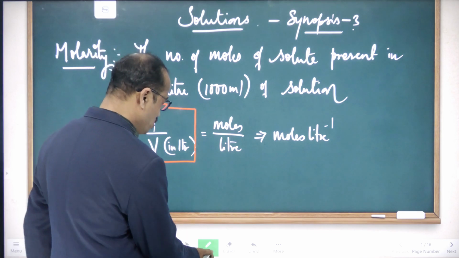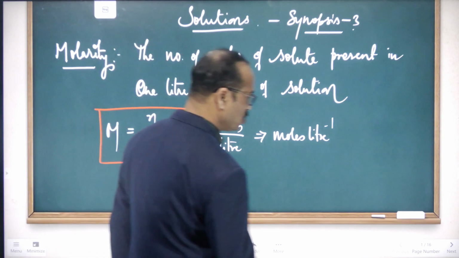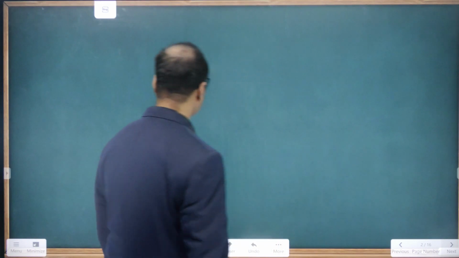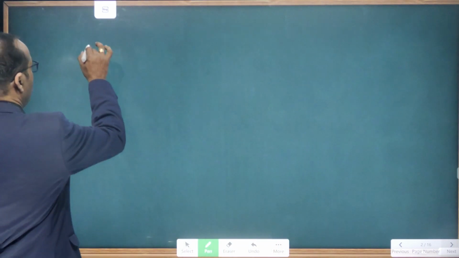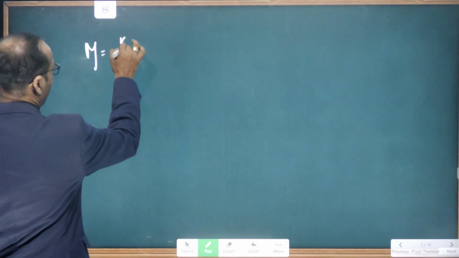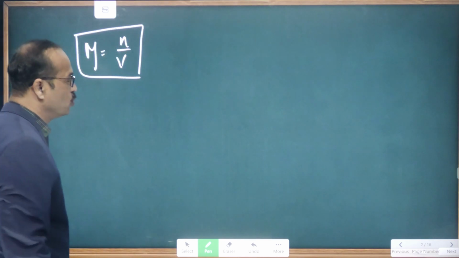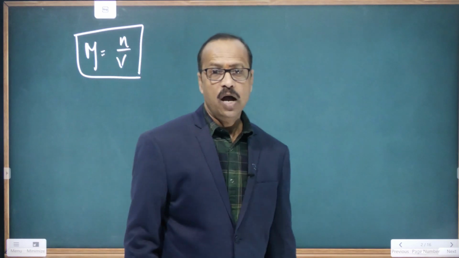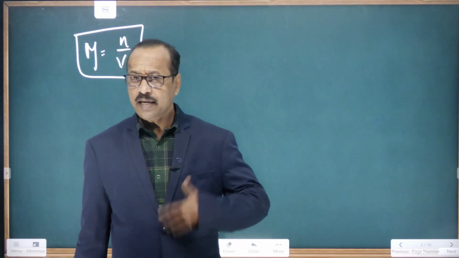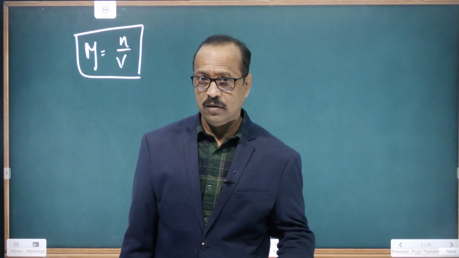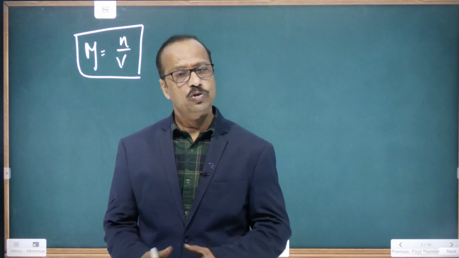Okay, now students, here I wrote that M is equal to n by V, where M is the molarity, n is the number of moles and V is the volume of the solution. Is there any other formula for molarity? Yes, there are so many formulas.